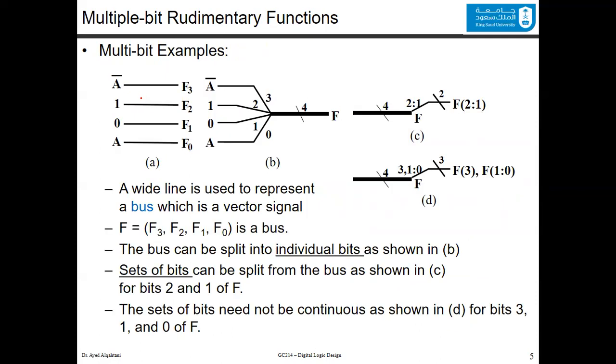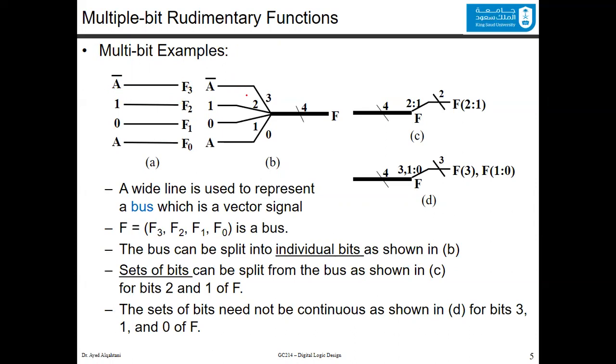If you want to extend this idea to multiple-bit rudimentary functions, then you can consider a thick line that is used to represent a bus. And this bus is a vector signal. So suppose that you have F0, F1, F2, and F3, F0 having the value of A, F1 is 0, F2 is 1, and F3 is A bar.